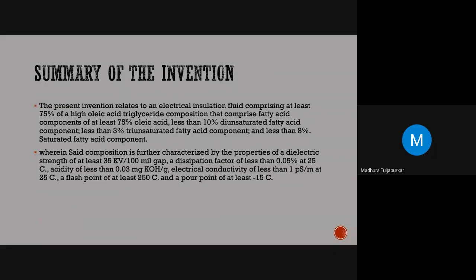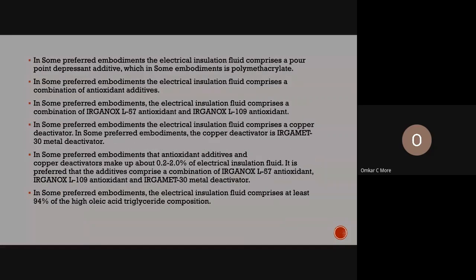Here you can read the characteristics required to build the particular insulation oil, such as a dielectric strength of 35 kilovolts per 100 mil gap, the dissipation factor, and the constituents, oleic acid, diunsaturated fatty acid, etc. So this is the main slide.